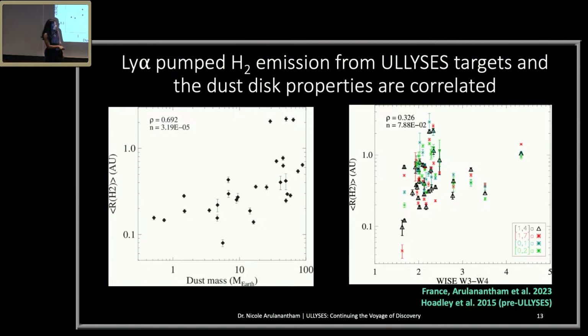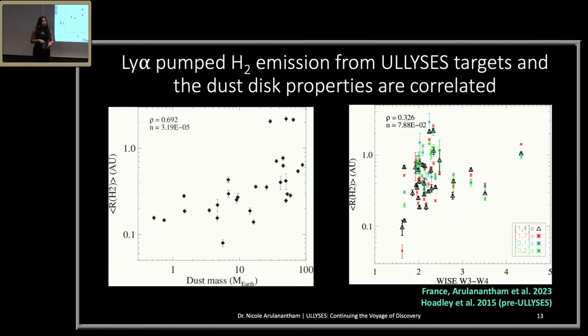If we look at the photometry, this is 12 minus 24 micron colors, we see that disks with larger colors, relatively less emission at 12 microns, also have larger H2 radii. So whatever is happening to the Lyman alpha seems to be happening in unison with the dust disk evolution. It seems to be reflecting what is seen by the very hot gas in the disk.